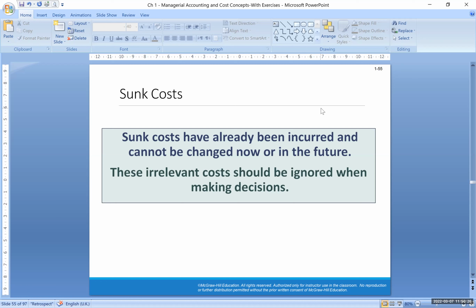So if my decision now is to travel by car or by train, the cost of my car will be a sunk cost because it will not change my decision. So this is called a sunk cost. These costs are irrelevant and should be ignored when making decisions because it is sunk or happened in the history.